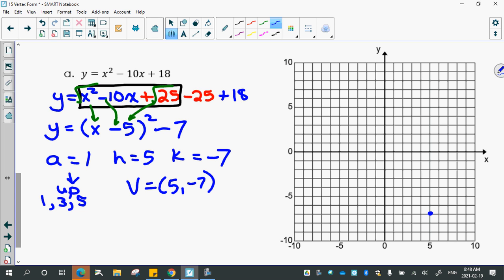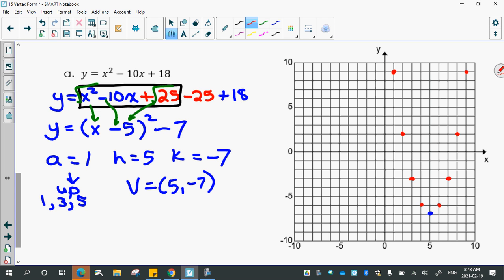So from my vertex, I go over 1, up 1. Over 1 from here, up 3 more. And then over 1, up 1, 2, 3, 4, 5 more. And then over 1, up 1, 2, 3, 4, 5, 6, 7 more.